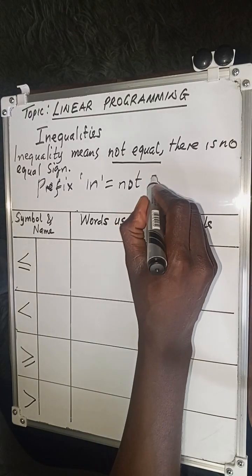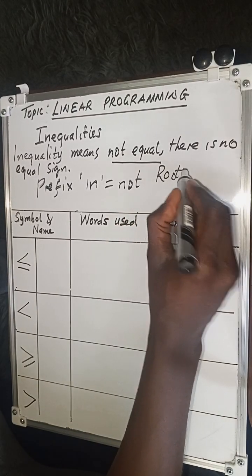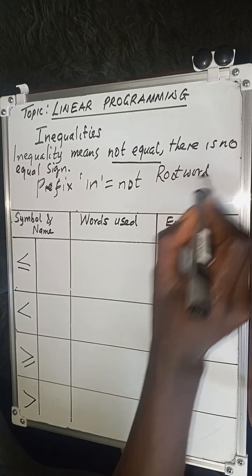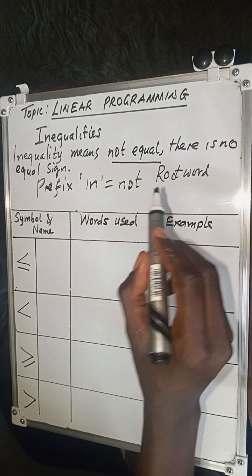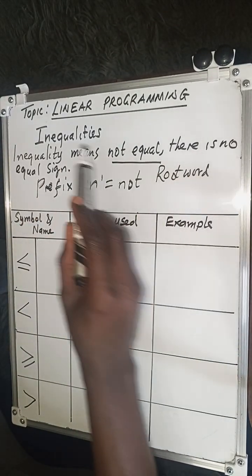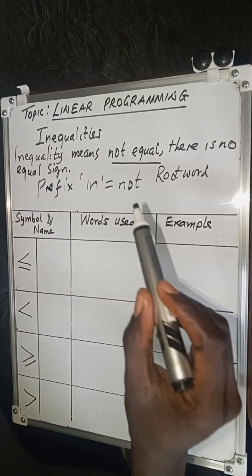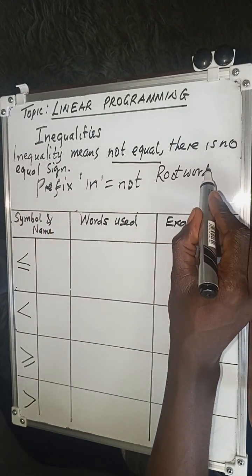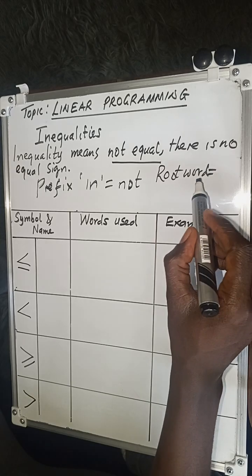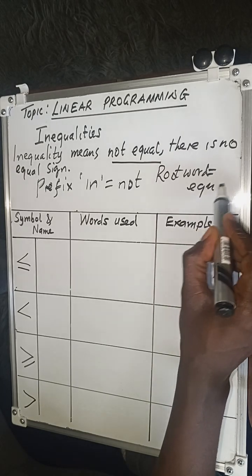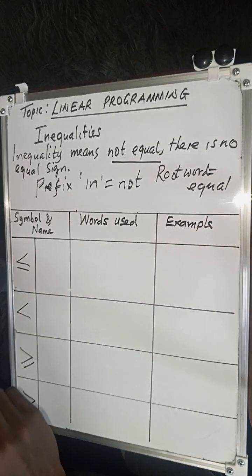And if you look at the root word itself, equality, it simply means equal. So that's what we mean, not equal to. So that is why inequality.